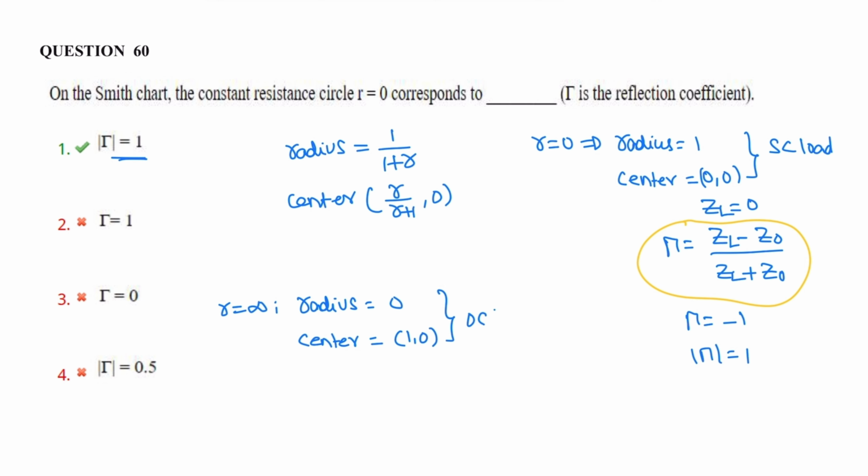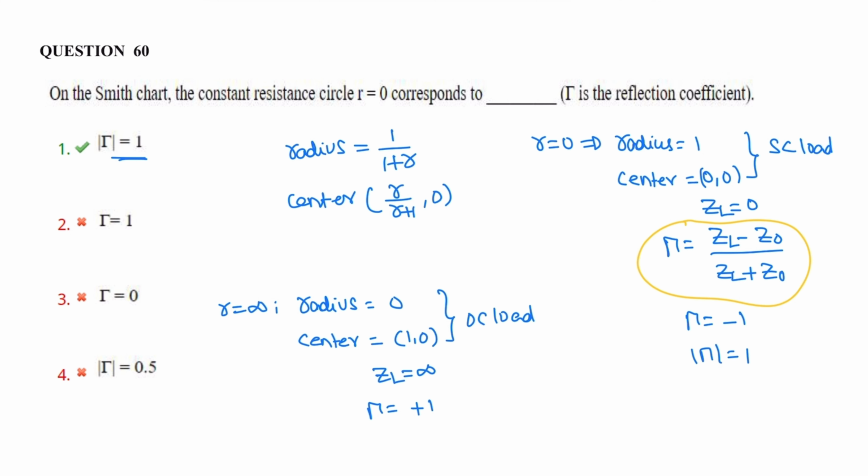Open circuit load. For open circuit load, ZL is infinity. If ZL is infinity, then reflection coefficient gamma is plus 1.